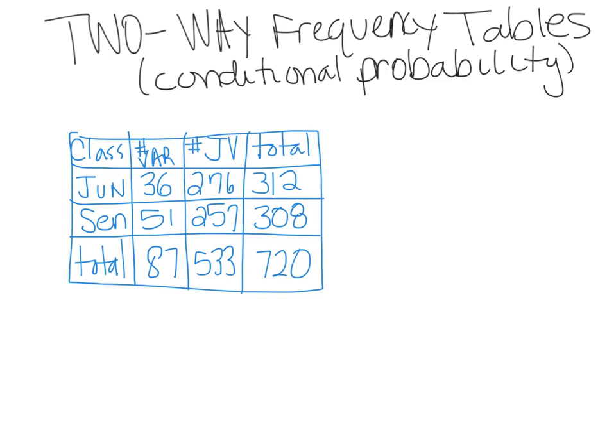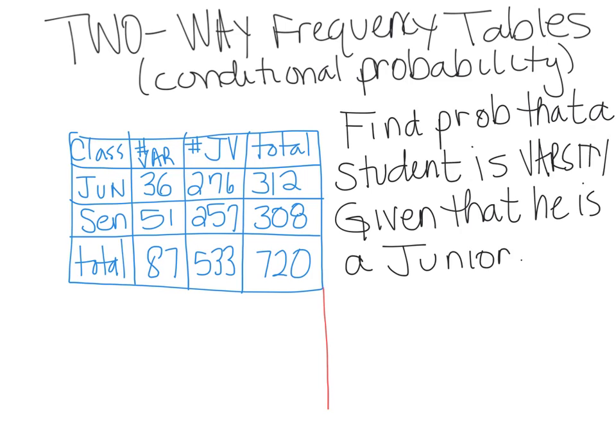So if we understand this data chart, I have a question for you. The question is finding the probability that a student chosen at random from any of the students represented by the chart is a varsity given that he is a junior. So what comes first? He's a junior comes first.